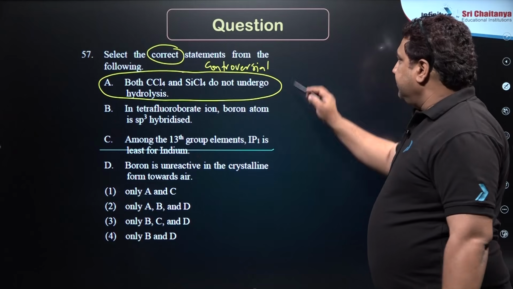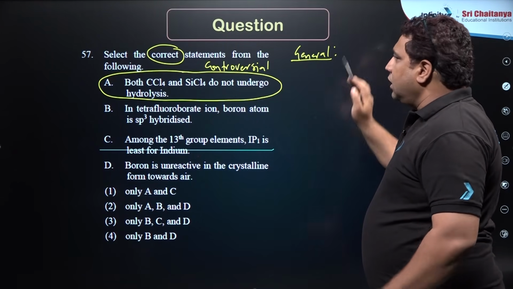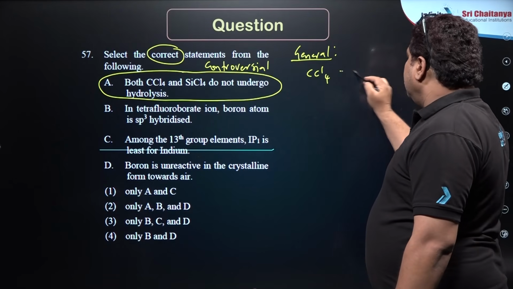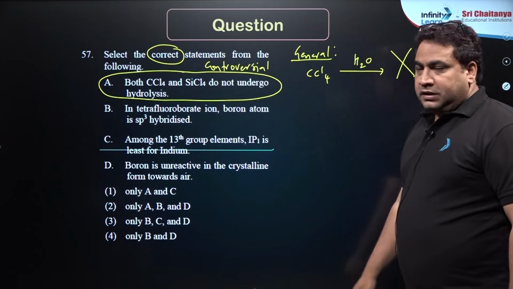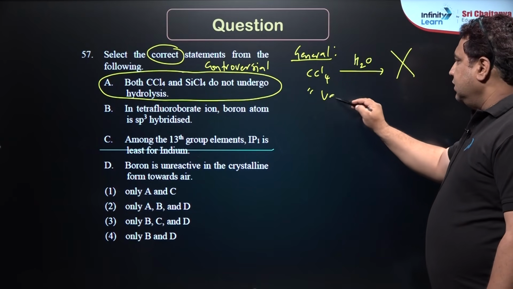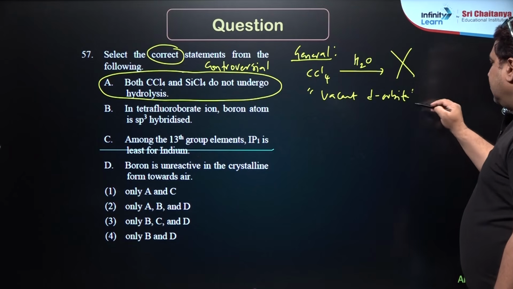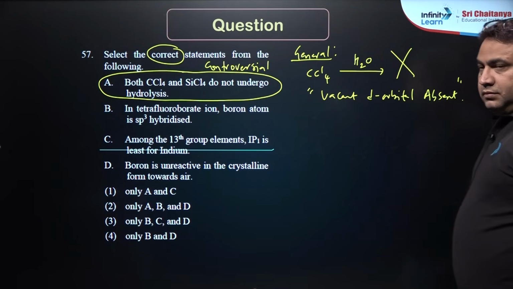Listen very carefully. If you talk in general and broadly, CCl4 with water, no reaction. The reason given for this is it doesn't have vacant d orbitals. So vacant d orbital is absent.